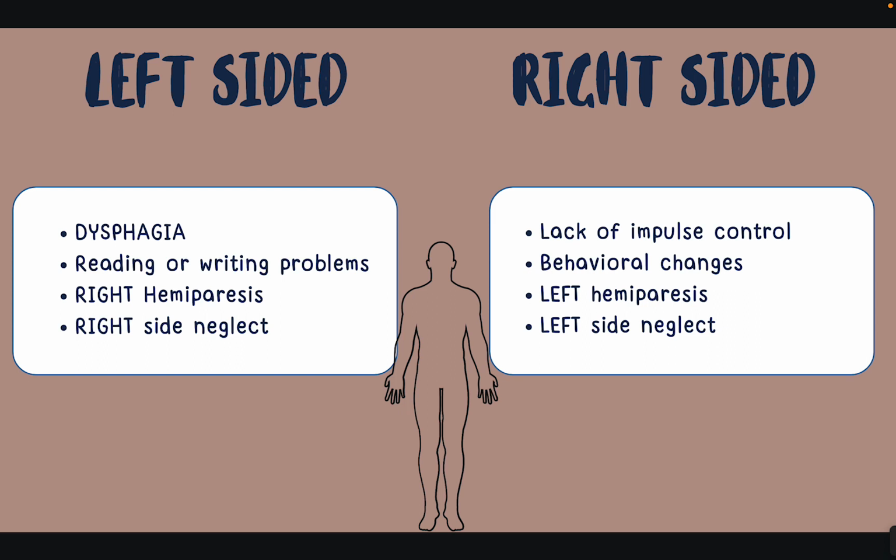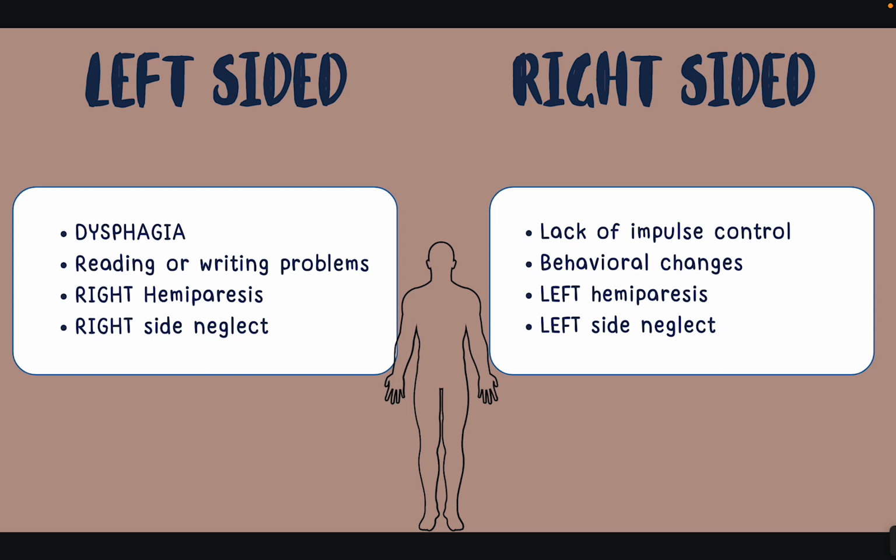When you're dealing with the left-sided strokes, you're having issues with dysphagia, you're having issues reading or writing problems, and then you're having right-sided body problems. So I'm physically seeing that you're having right-sided neglect and hemiparesis and weakness and all that stuff, but the stroke is actually on your left side of the brain. So your left-sided stroke will reflect on the right side of your patient, okay?